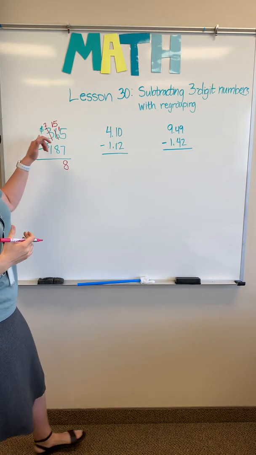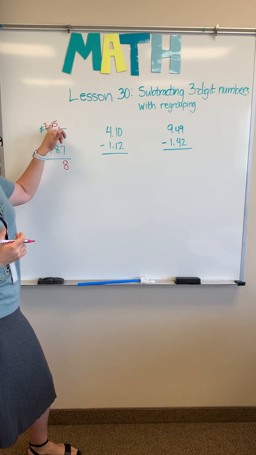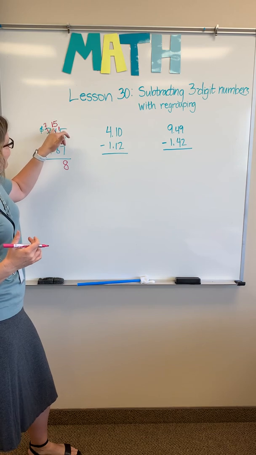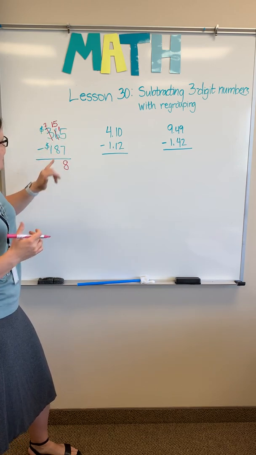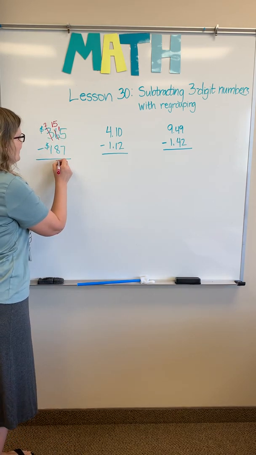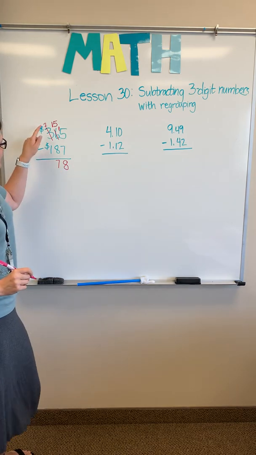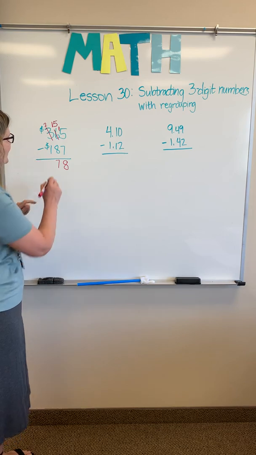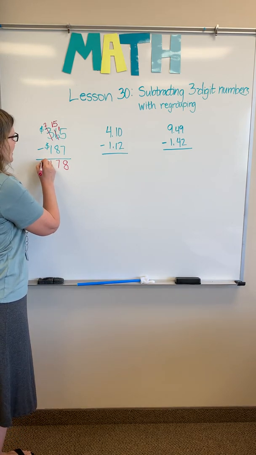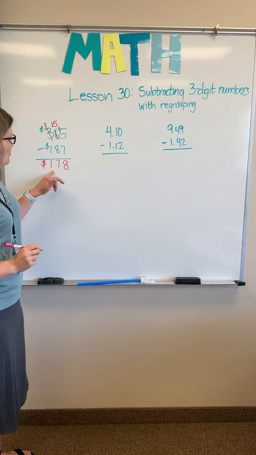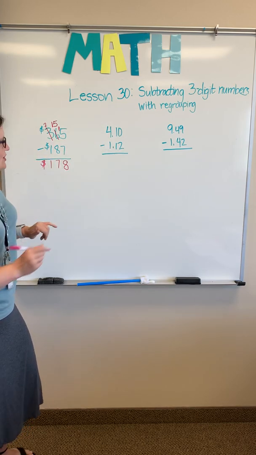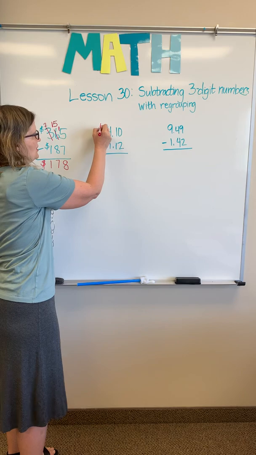I'm exchanging one of the hundreds for 10 tens, and we say 15 minus 8 is 7. And now we say 2 minus 1 is 1, and this is what they have left, $178.